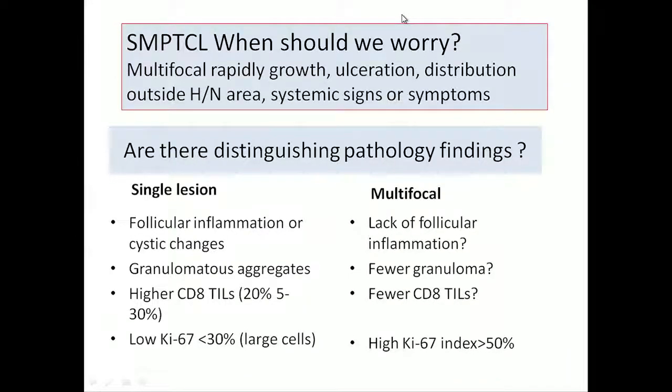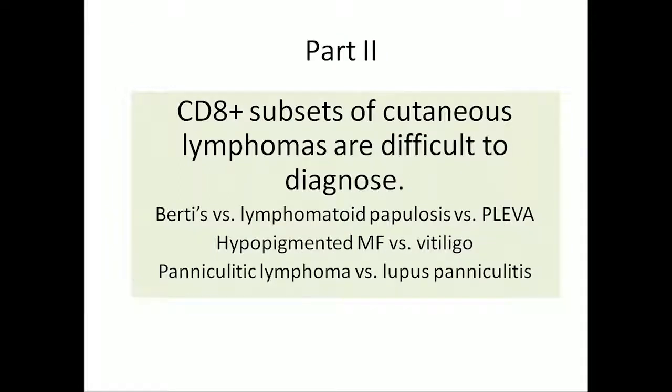So when do we worry about a small, medium pleomorphic T-cell lymphoma? When it's not unilesional. Multiple lesions, again this intertriginous distribution, probably more like a pure malignant phenotype with less of this B-cell and granulomatous process.